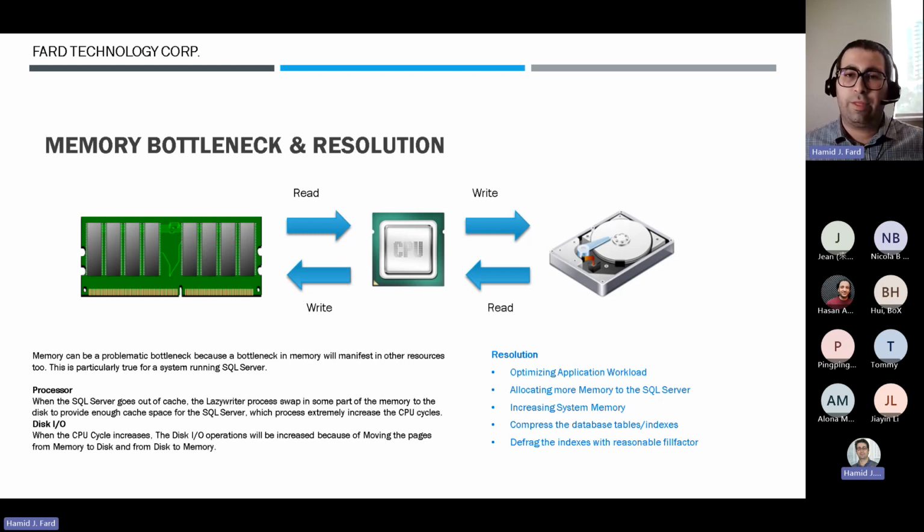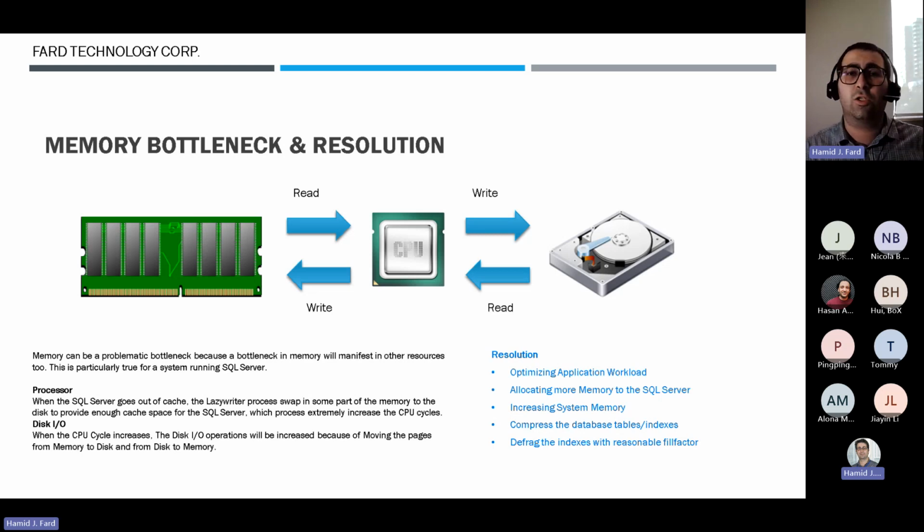So this is something that we need to take care of. Memory bottleneck can lead to CPU and disk bottleneck. So let's say you realize that your database environment is having a lot of CPU spikes. Suddenly the CPU shoots up to 60, 70%, then drops to 20, 30%, then again shoots up to 70, 80%.